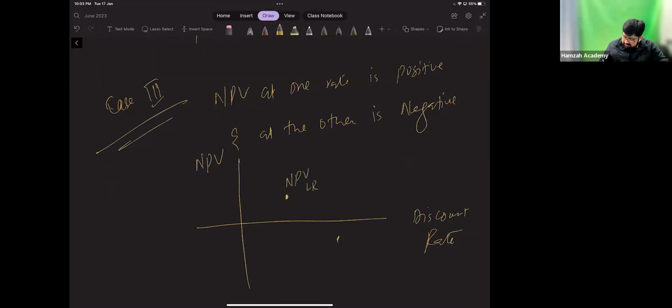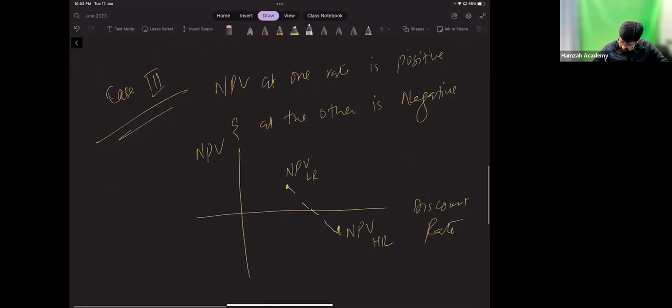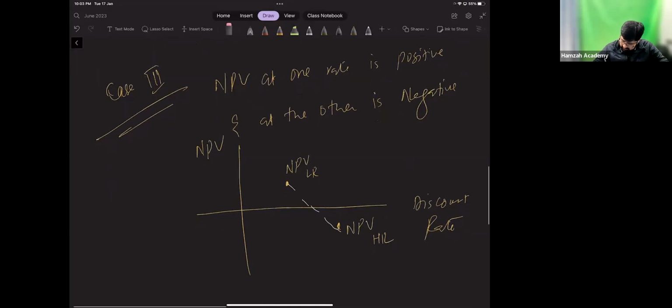At a higher rate, it is negative. Yes, this is here. This is IRR.